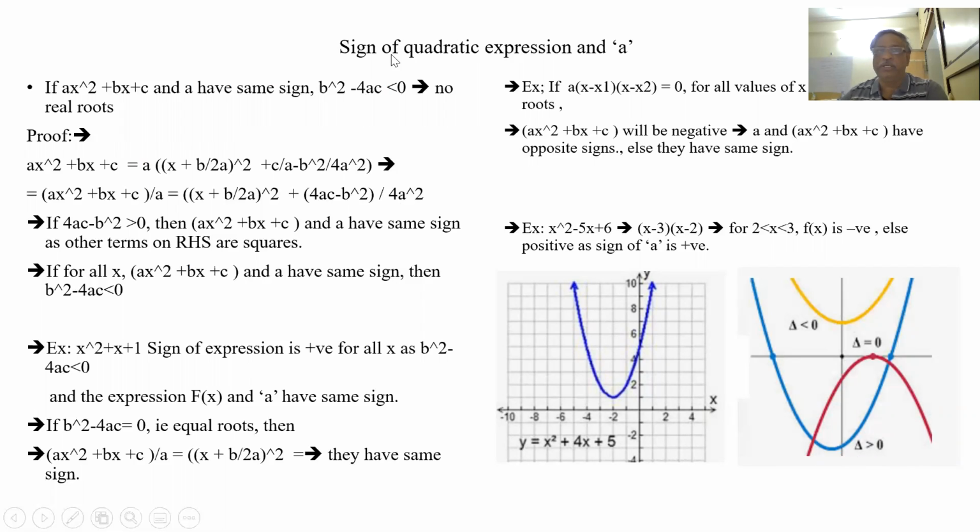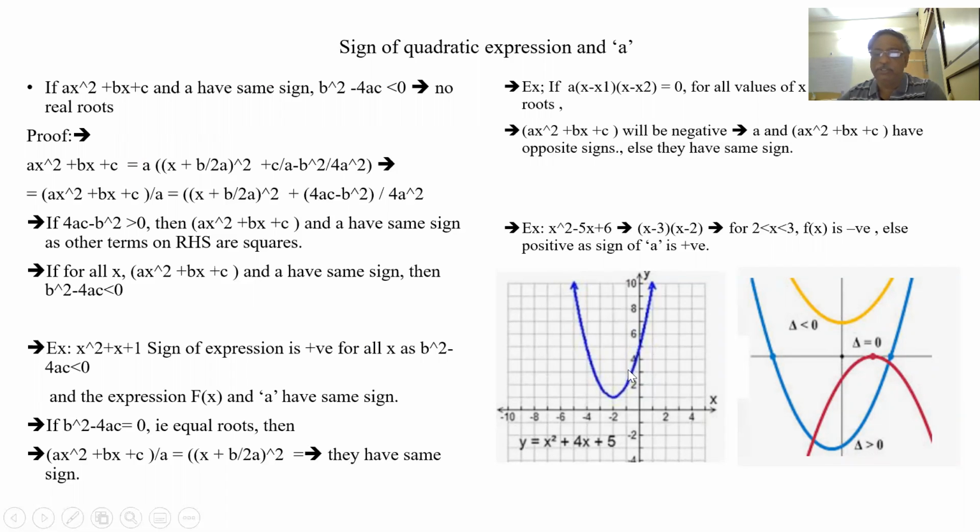So what is the sign of the quadratic expression and a? In this case, is there any x factor? There is no real factor touching the x-axis. That means b square minus 4ac is less than 0, and a is positive, because it is an open up curve.